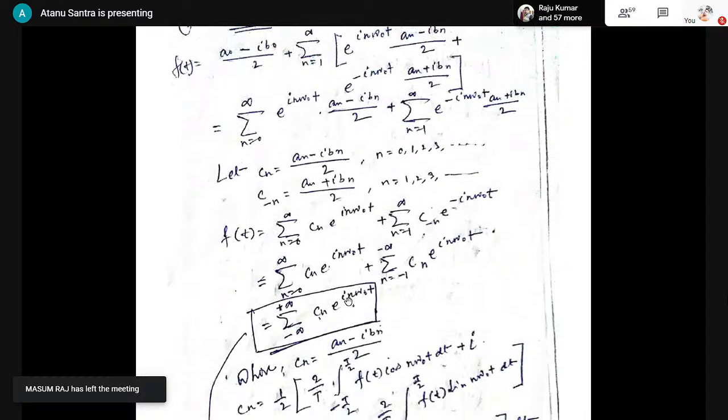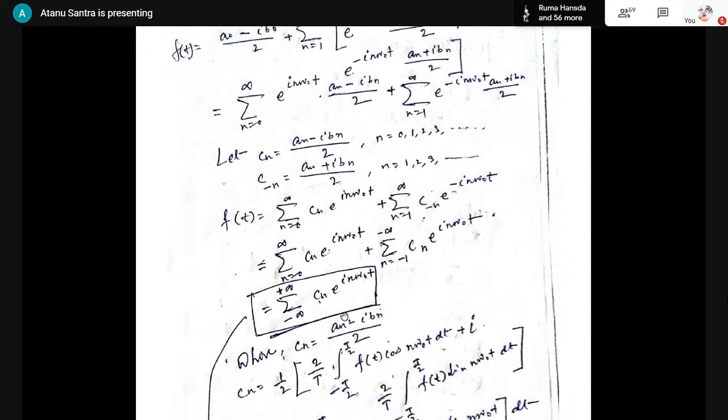Finally, we have come to this formula: minus infinity to plus infinity Cn e to the power i n omega 0 t. So this is the final expression which we have got from the Fourier series expansion, and this is called the Fourier series expansion in complex form, where Cn is equal to an minus ibn by 2.